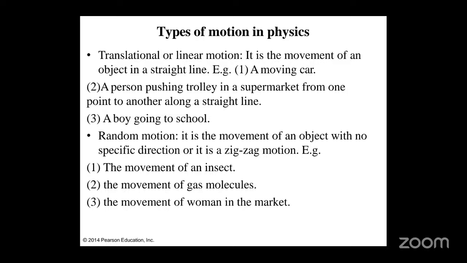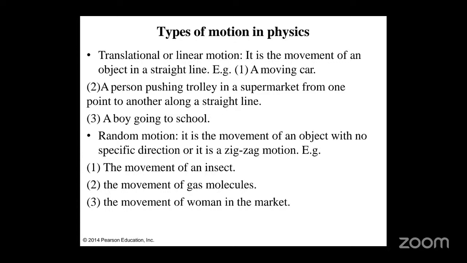We have three examples there. The first is the movement of an insect. We have carefully observed the movement of an insect like an ant, butterfly, mosquito, fly, in no well-defined path.